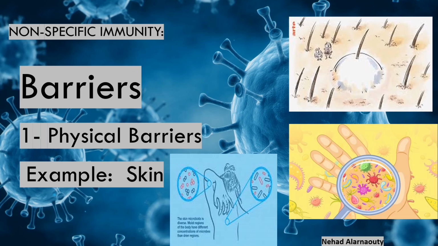So it's naturally the first line of defense that stops any kind of pathogen that wants to enter your body. It has a barrier of dead cells with a low pH that makes it really hard for any bacteria to live there, and it has chemicals that disrupt any virus.